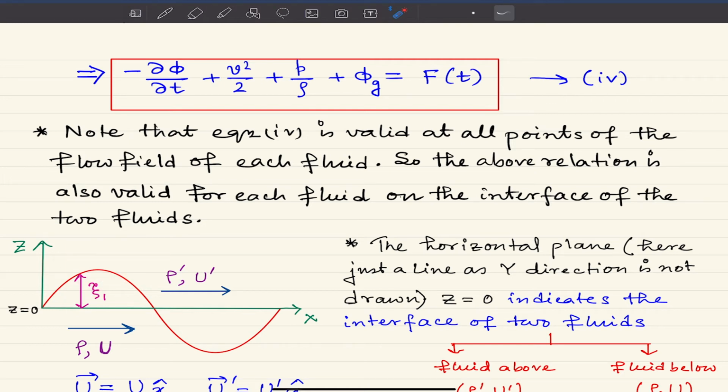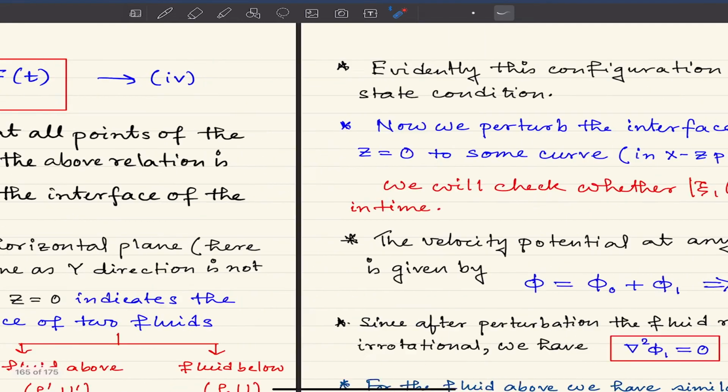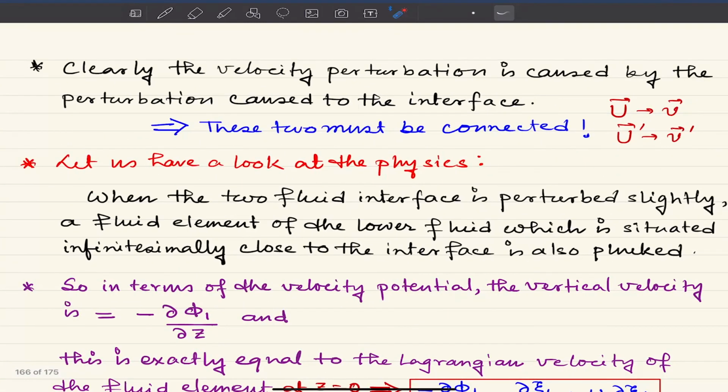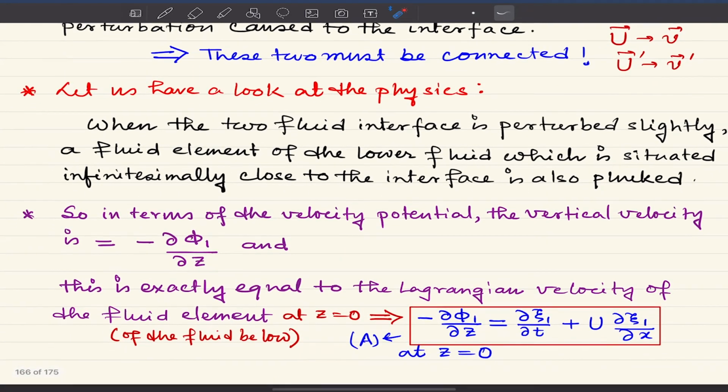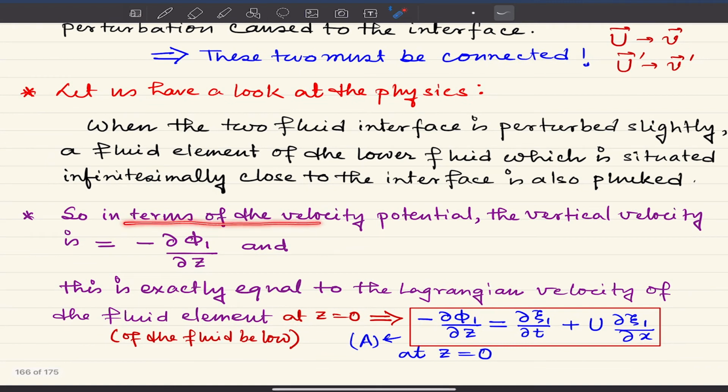So the fluid below actually penetrates a bit into the previous region of the fluid above, and here the opposite thing is happening. I think this part is clear. So in terms of the velocity potential, the vertical velocity component is nothing but minus del phi 1 del z. So this is nothing but minus gradient of phi, and along the z direction this is nothing but del phi 1 del z, right?